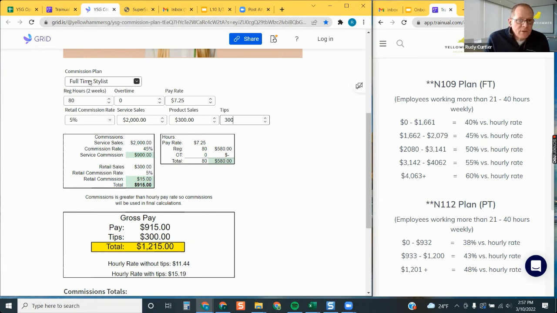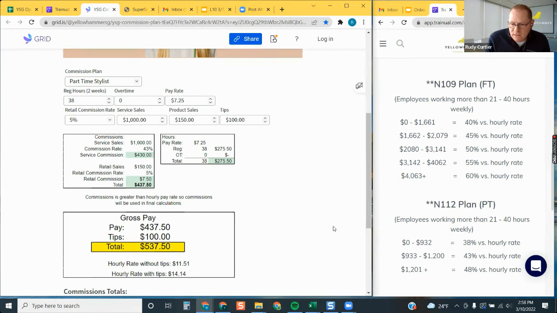So let's use another example really quickly and just say this is a part-time stylist. And this part-time stylist is going to work 38 hours in the 2 weeks, no overtime, at the $7.25 hourly rate. And let's say that they generate, just for easy math, $1,000 in service sales, and they generate $150 in product sales or retail sales, and they generate $100 in tips, just for simple math.